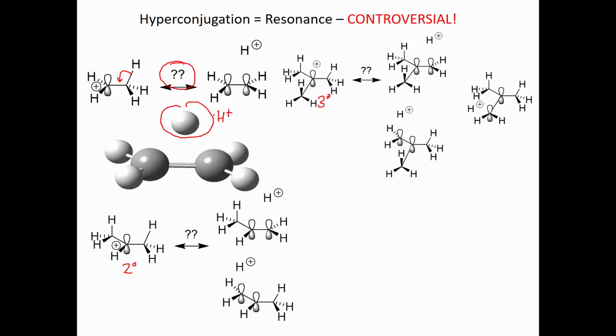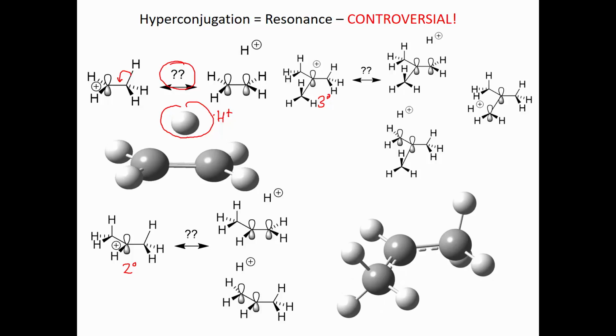It's like an H plus complexed to the simplest alkene of them all, ethylene, whereas it becomes more of a carbocation-like structure when you go to the secondary carbocation, but notice that there's still partial multiple bonding indicated by the bond lengths in this structure.